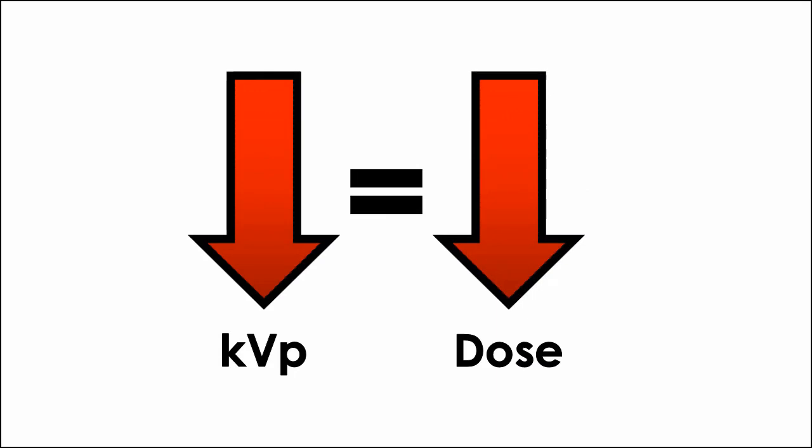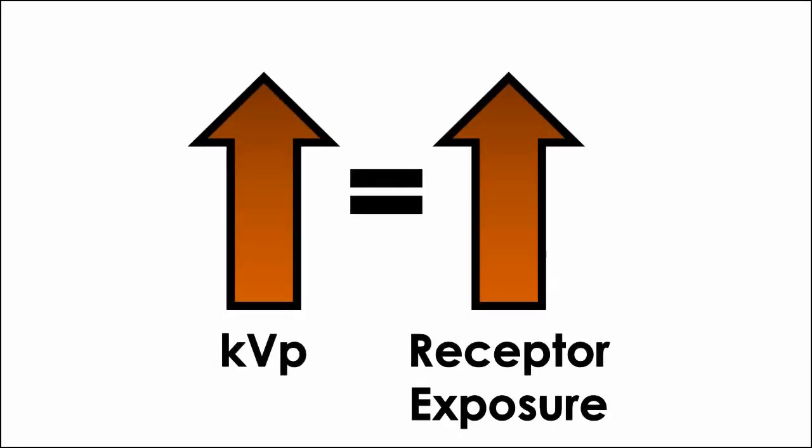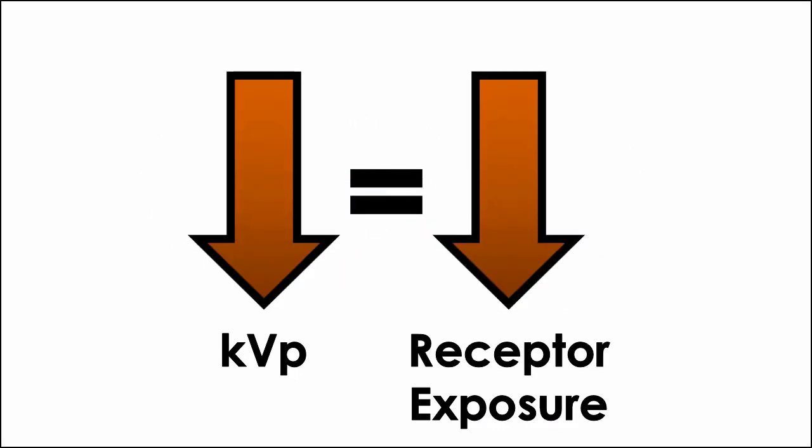If we decrease the kVp, this decreases the patient dose. kVp also affects the receptor exposure in a similar way. If we increase the kVp, this increases the receptor exposure. This is an effect of the increased beam intensity and because the increased energy results in more penetration through the patient. As with all of these relationships, the opposite also should be understood as true.